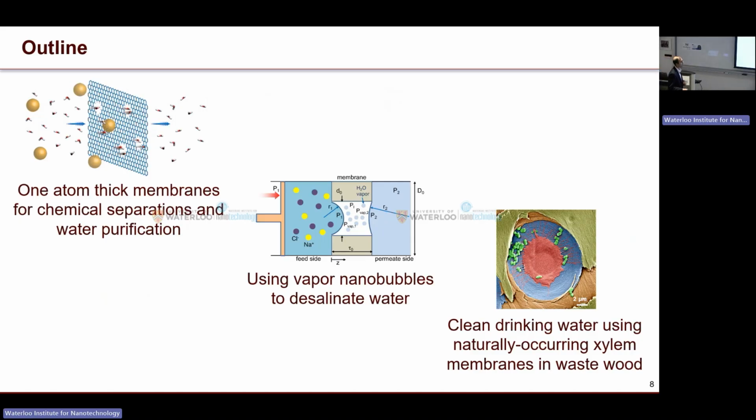And then the last one I'll talk about is using naturally occurring membranes in wood, waste wood basically, that can be used to remove pathogens and filter water. I'll spend most of the time talking about this, and then towards the end, I'll touch upon these two topics.